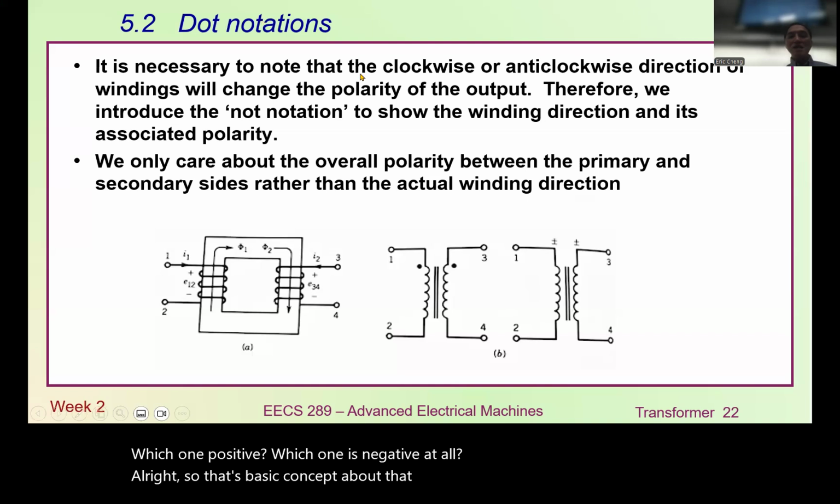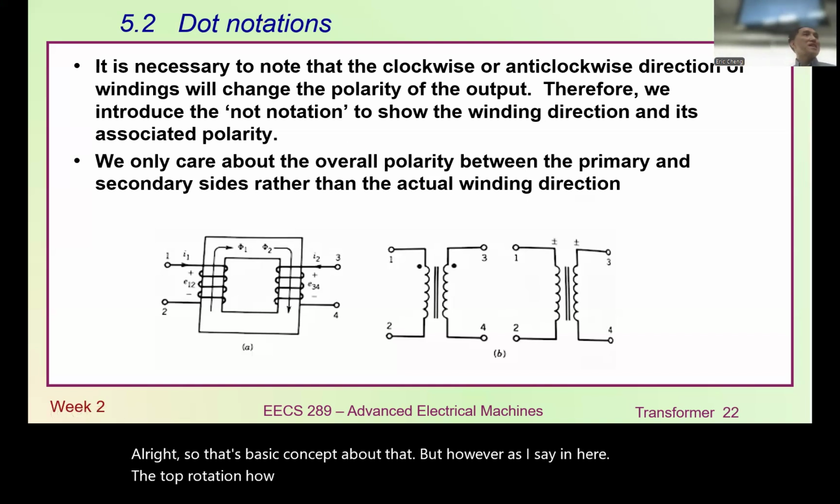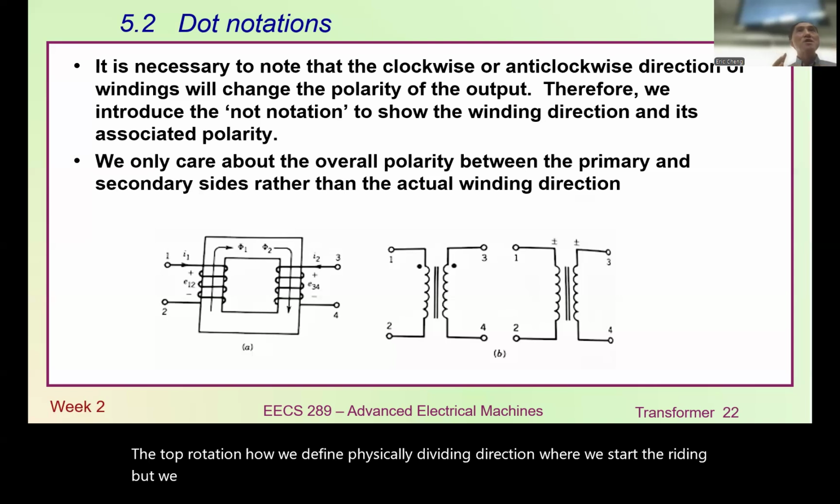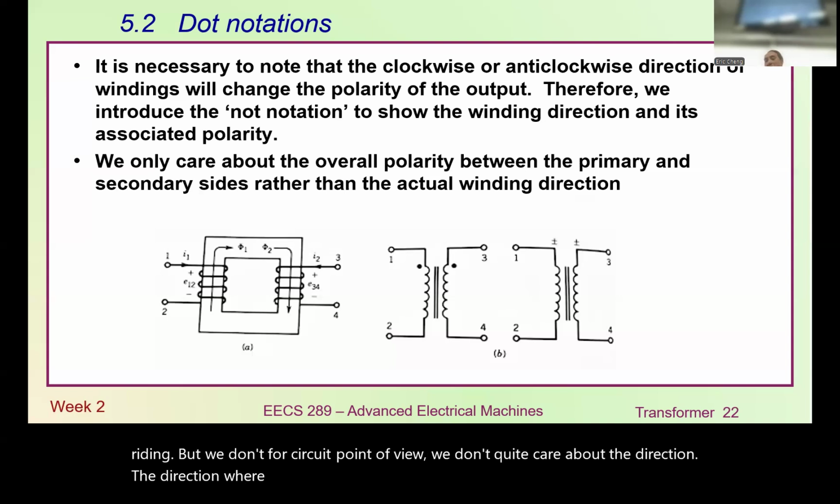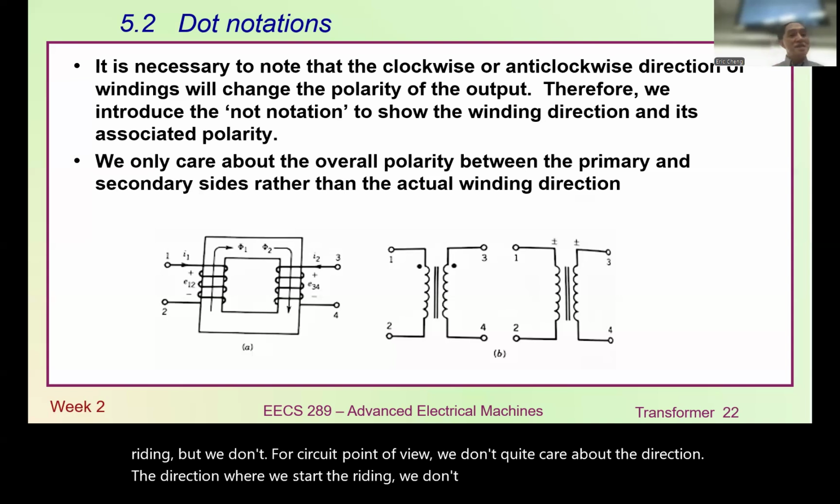But however, as I say in here, the dot rotation, how we define physically the winding direction where we start the winding, from the circuit point of view we don't quite care about the direction where we start the winding. We only care about the polarity here.